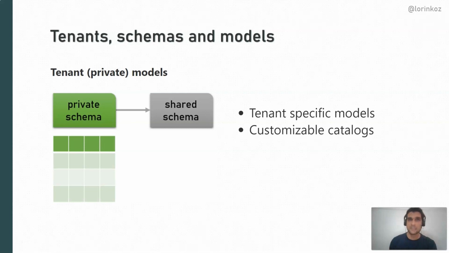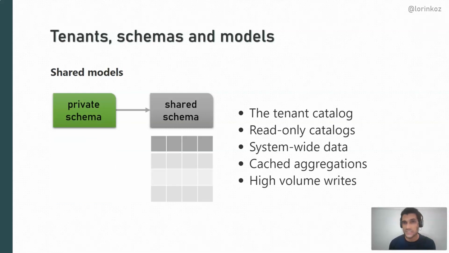Now, let me give you some examples of things that could end up being placed in each one of the different types of schemas. In your private schema, you're going to be placing most of your models, most of your core applications, all your tenant-specific models, and you can also place some customizable catalogs that you can't afford to place in the shared schema because tenants need to customize them.